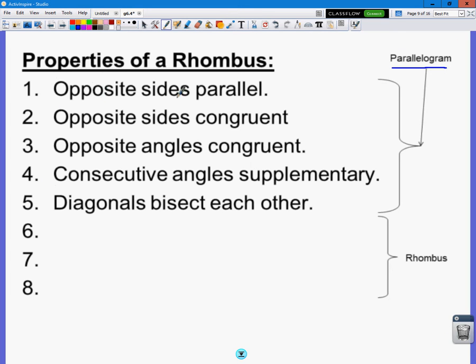Opposite sides are parallel, opposite sides are congruent, opposite angles are congruent, consecutive angles are supplementary, diagonals bisect each other. The first additional property it has comes from the definition. It has 4 congruent sides. All the sides have the same length.